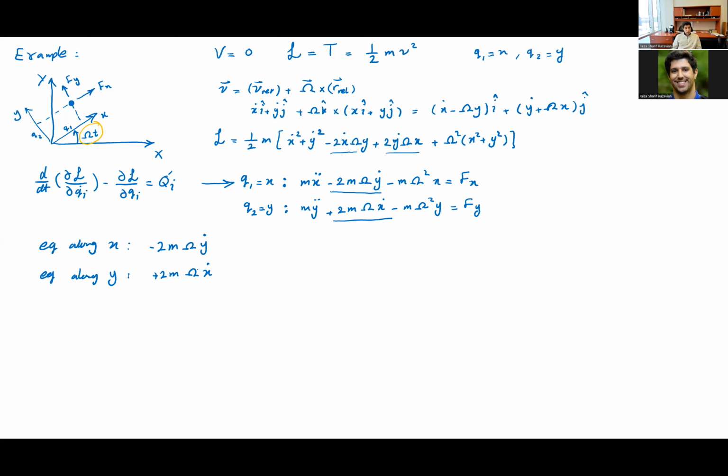So if I have some velocity along y, I have these quote unquote gyroscopic forces showing up in the x equations, and vice versa: the terms that depend on the velocity in the x direction show up in the y equations.